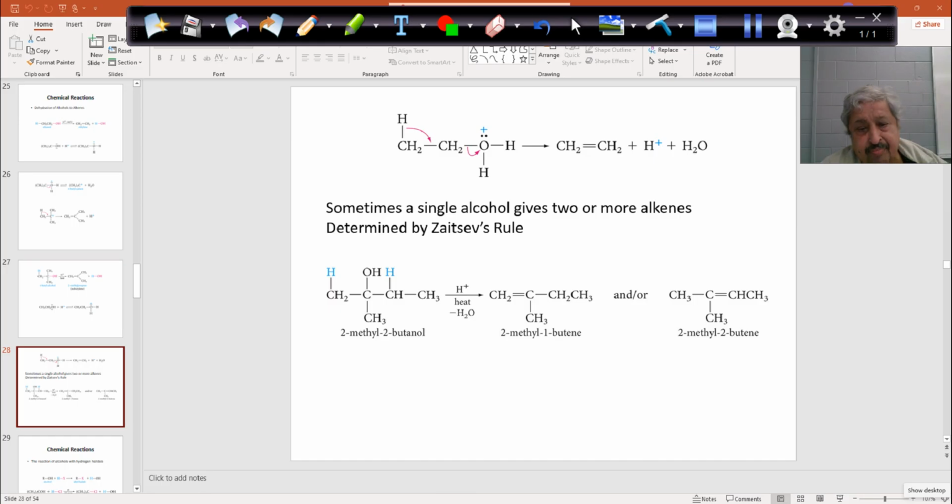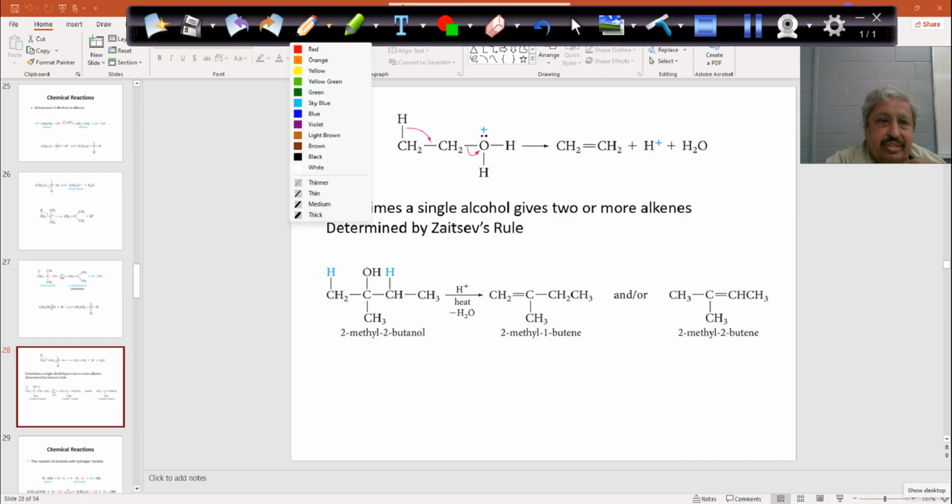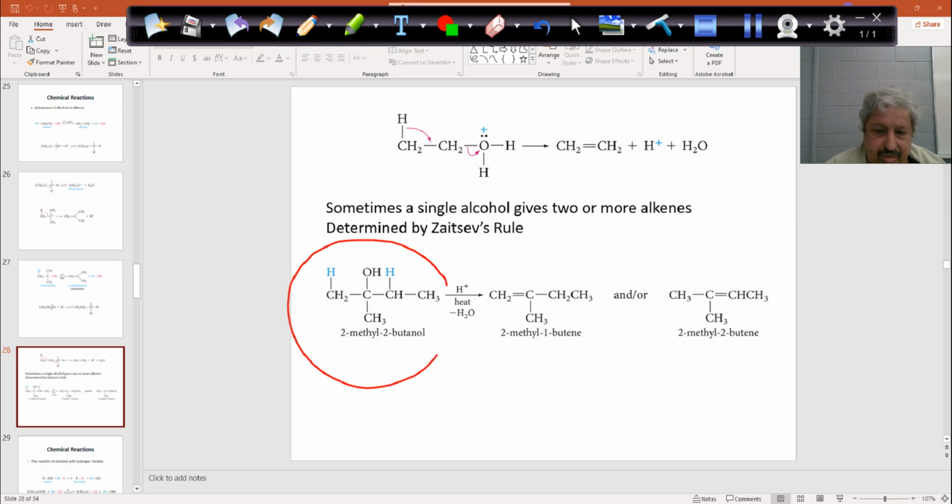So now, if you have an alcohol, okay, so you have an alcohol, and this alcohol is what? What type of alcohol here? This one here. First, what type? What type of alcohol is this? Come on, guys, don't let me down.